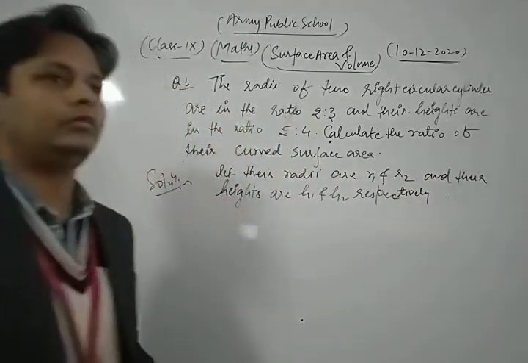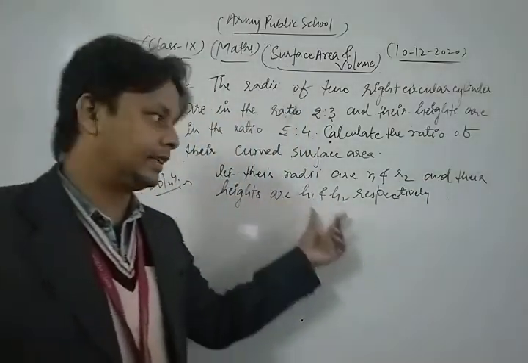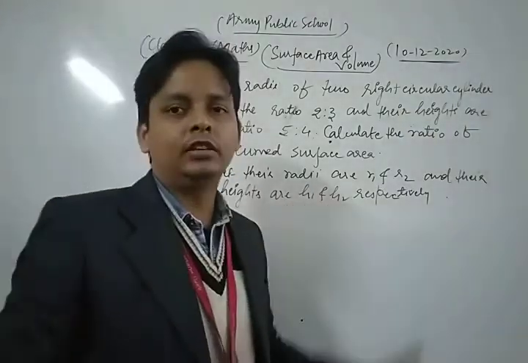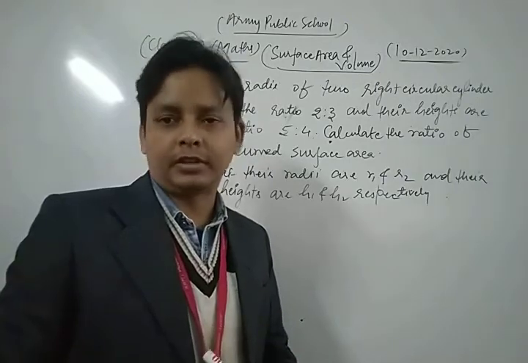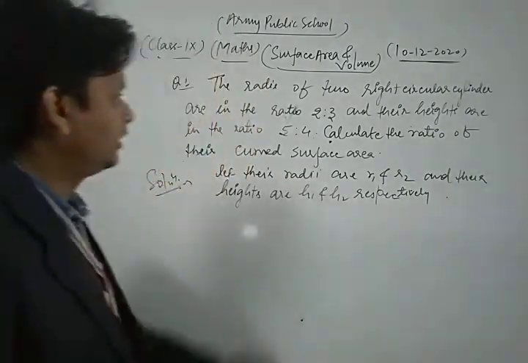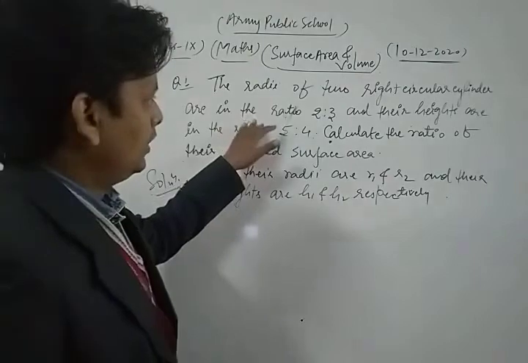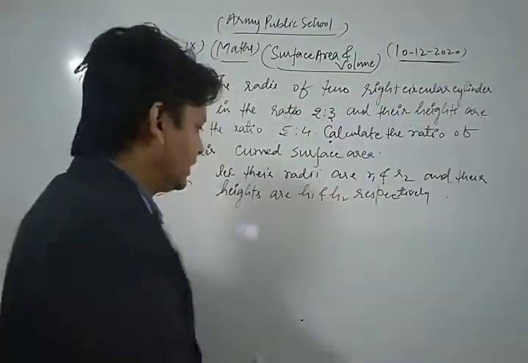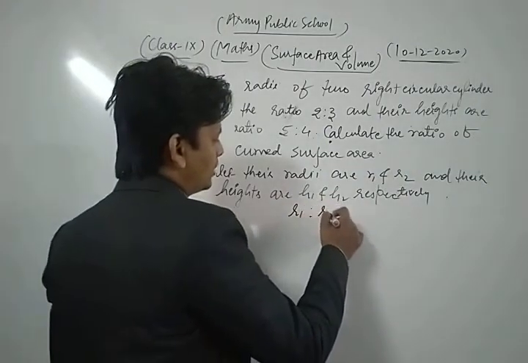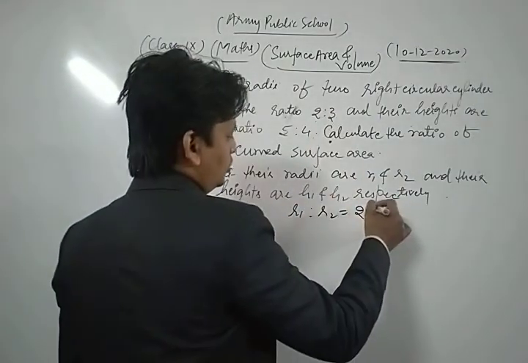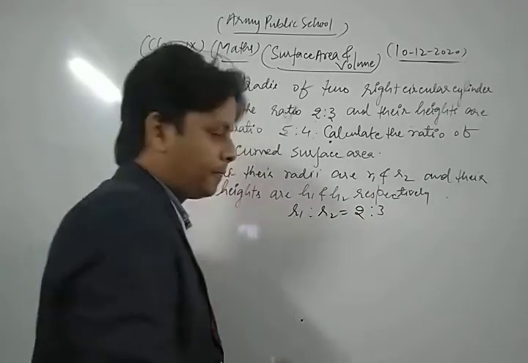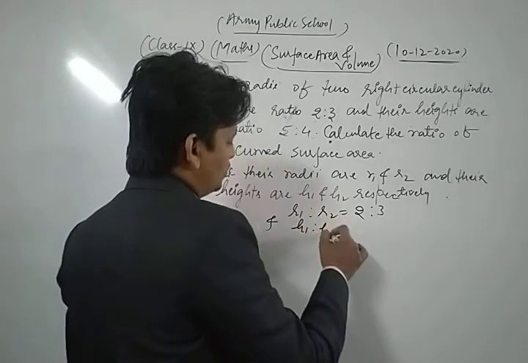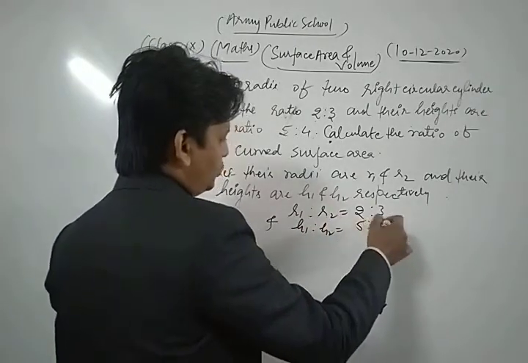Here r1 ratio r2 is given as 2:3, and their heights are in the ratio h1 ratio h2 is 5:4.